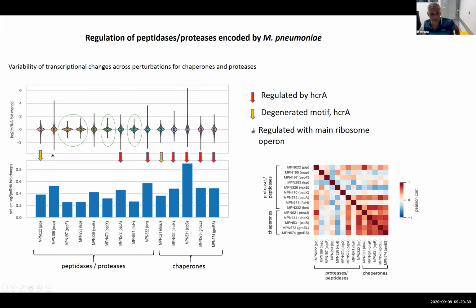If you look at the variability in expression of all these proteases in our transcriptome analysis, you find that the proteases that vary more in expression are the ones regulated by the heat shock transcription factor HrcA. Essentially, it also affects Lon and PepA: PepA because it's part of the GroEL-GroES operon, and Lon on its own.